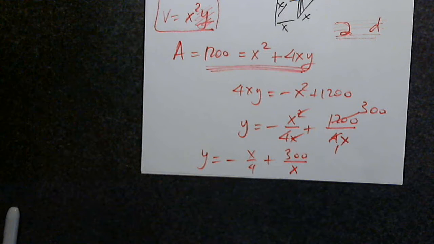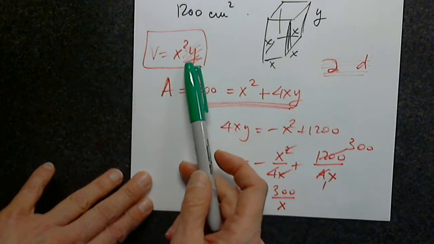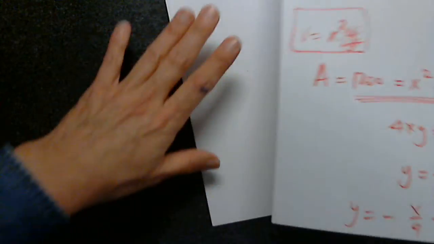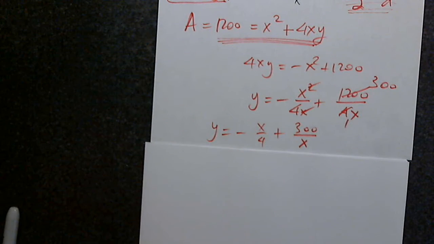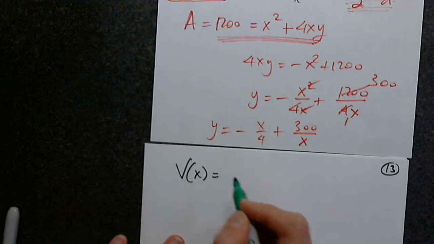Are you with me so far? Is that a yes? Okay. So now I put it back here. I take all this and put it here by multiplying by x squared. So then the volume now is a function of x indeed.